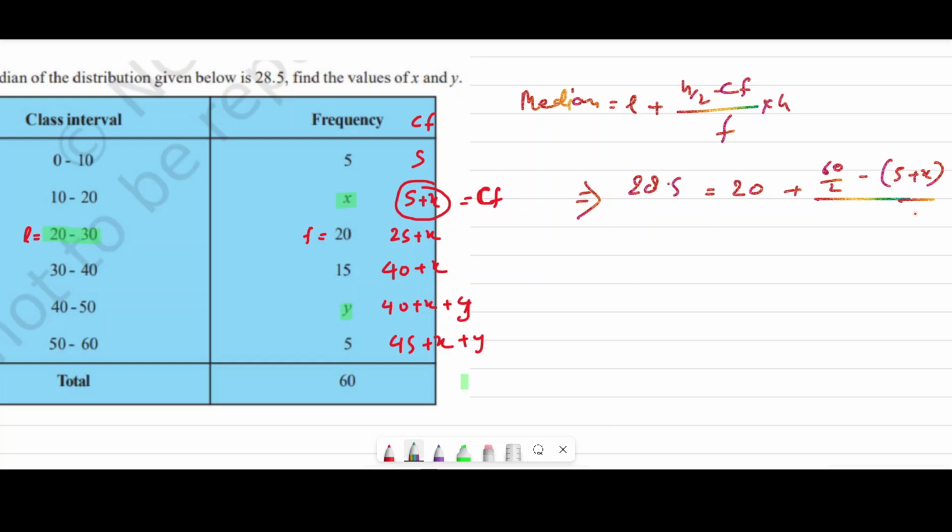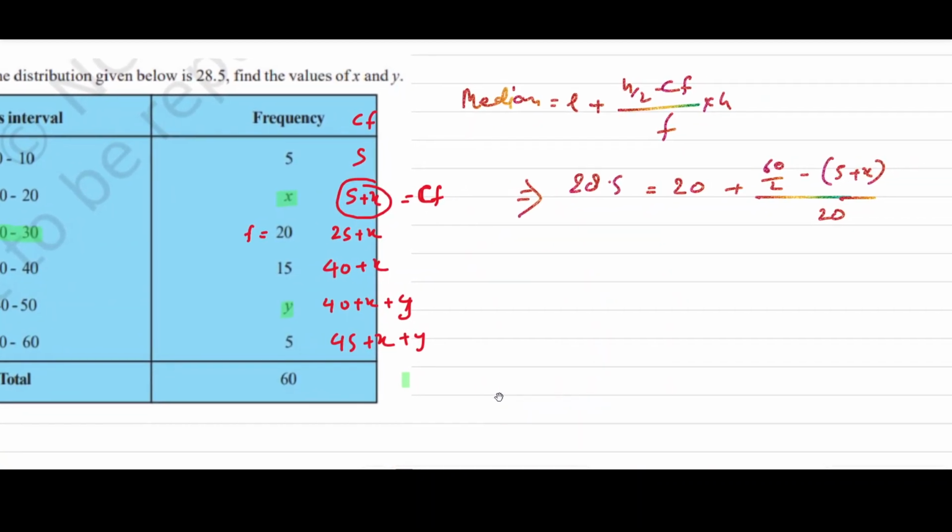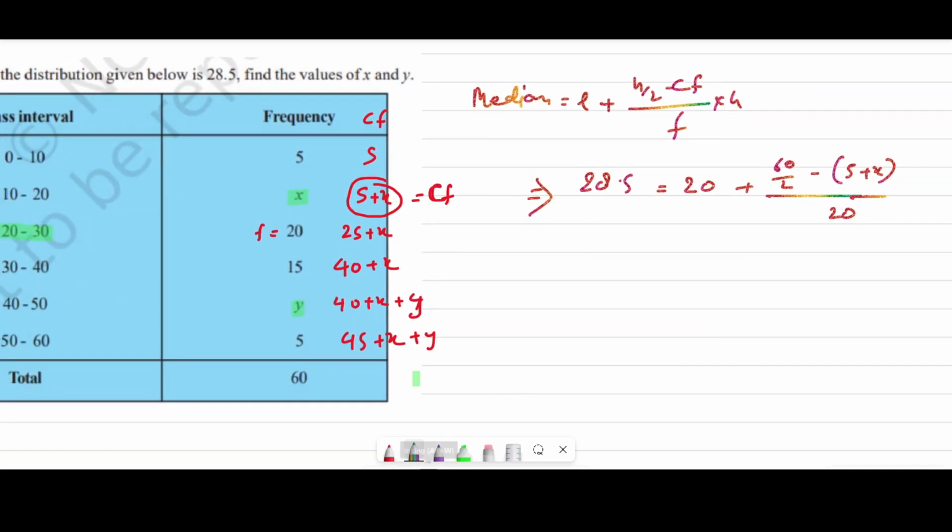Now this is 20, and H, the size of the class, will be 10, the difference between limits. Now multiply this with 10. Solve this first. Here we will get 8.5.